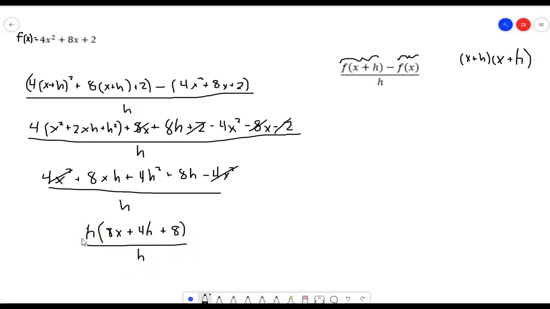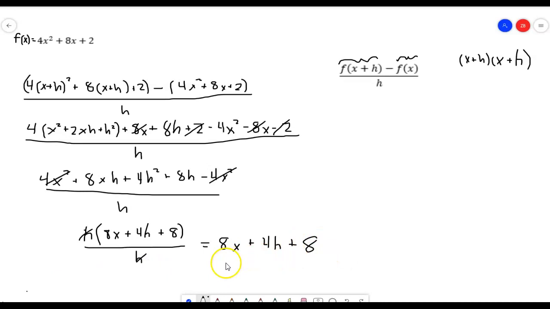Cross out the h's, and this finally simplifies to 8x plus 4h plus 8. And that's it. This is your final answer here.